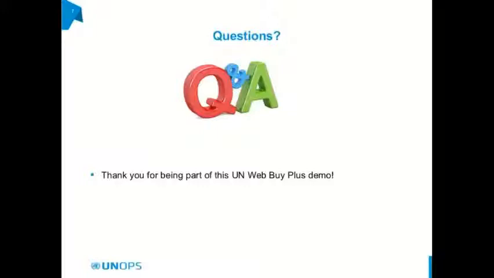Further to that, in order to participate and in order to access the tendering portal, you are expected to share with us your UNGM number through our shared mailbox. Exactly. As Yagna said, unwebbyplus.org. So please make sure that you are sharing us your UNGM number.